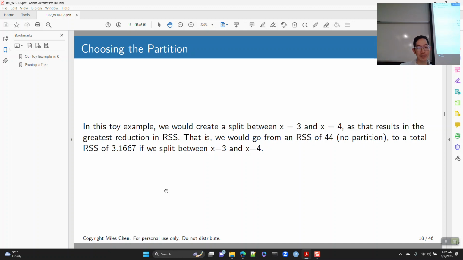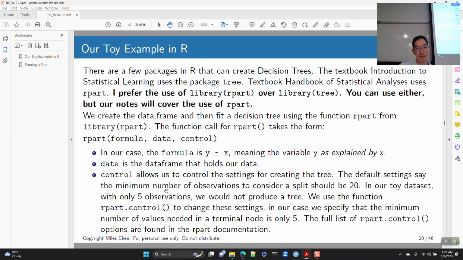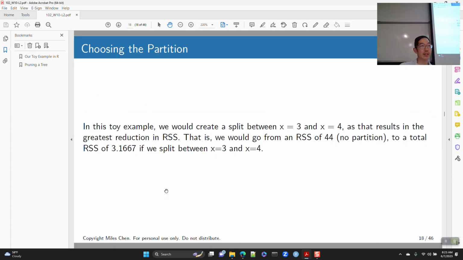So if you have 100 values and 5 variables, basically you have 99 locations for variable 1, 99 locations for variable 2, 99 locations for variable 3.